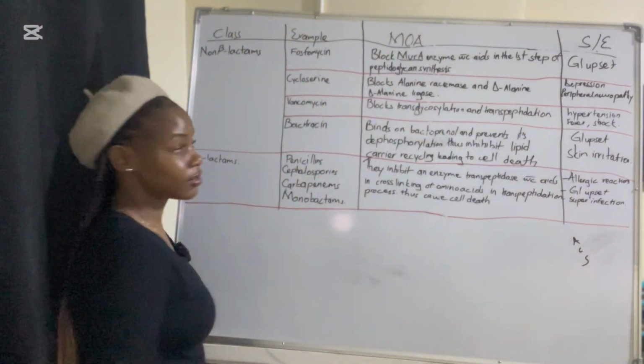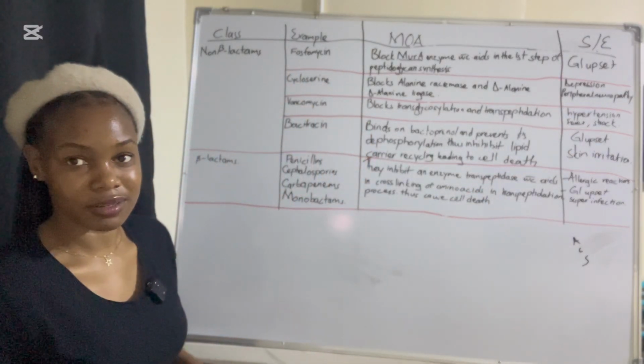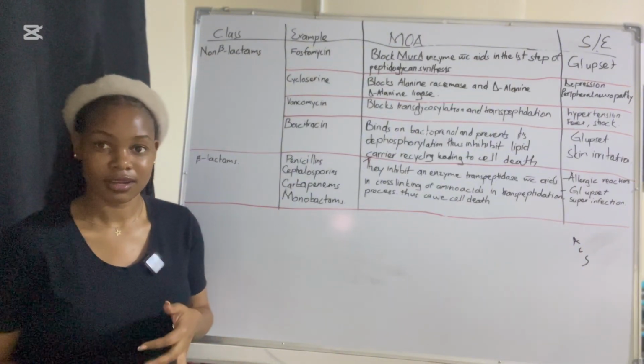The main side effect is GI upset, which is mainly made up of three answers, that is nausea, vomiting, and diarrhea.